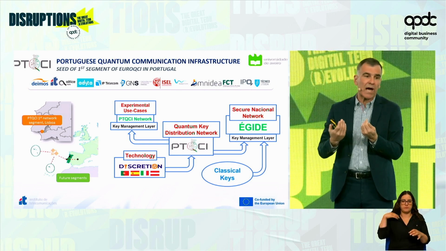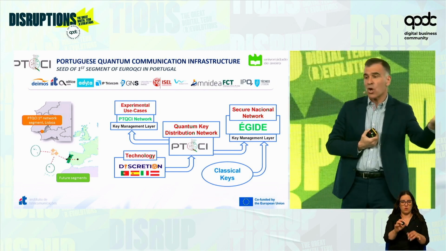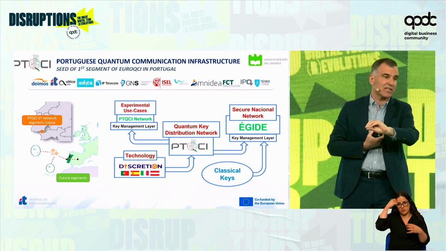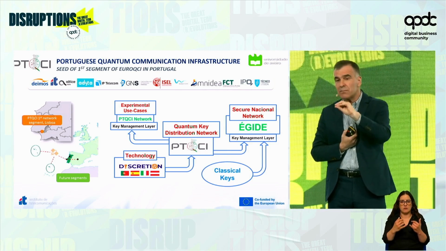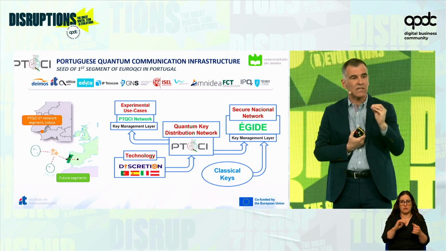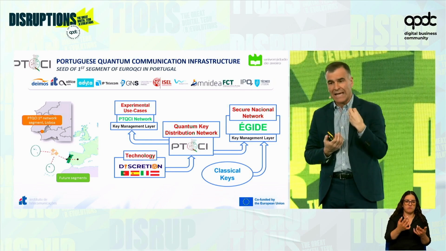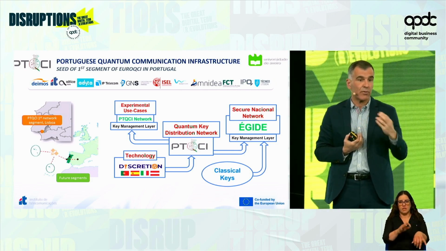And why? Because a quantum computer, if it comes true, will bring advantages. One of the collateral damages is that it's going to attack the cryptography that we have today. Most of what we use today to protect our information will no longer be possible once we have a quantum computer.